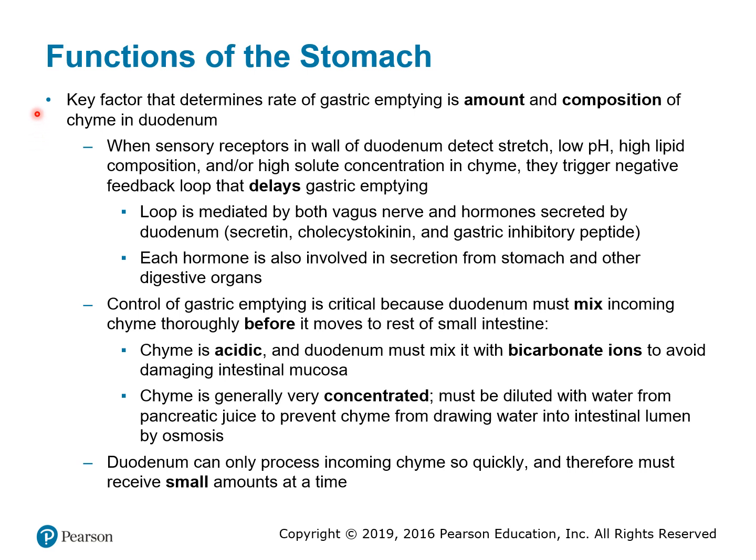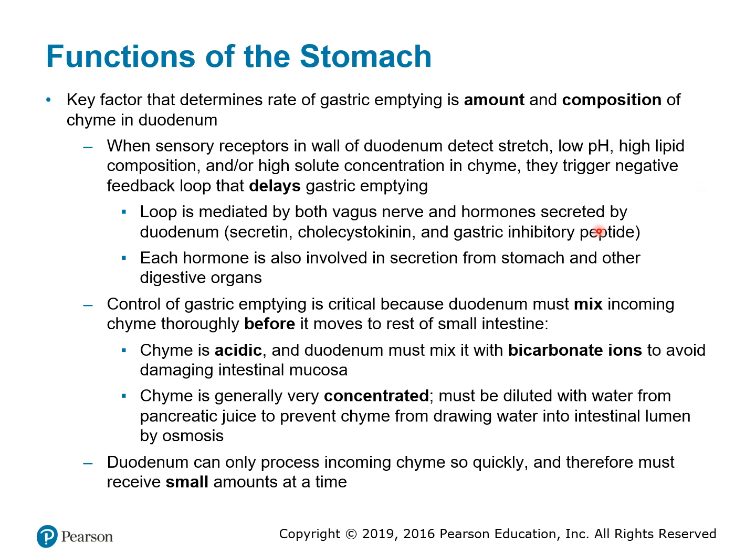So little by little, the chyme gets put in the duodenum from the stomach. There are receptors found on the wall of the duodenum that are detecting if it needs to stretch, if there's a low pH, if there's a high lipid composition, or any high or low solutes that are not supposed to be like that.